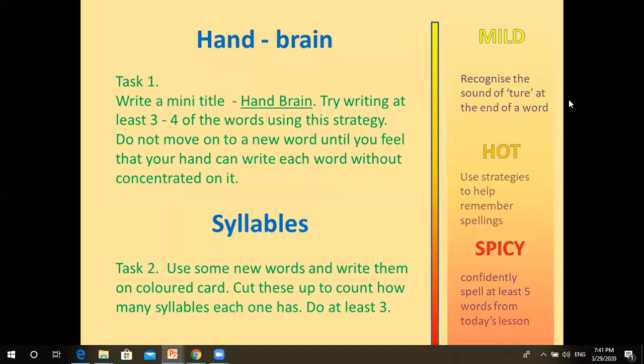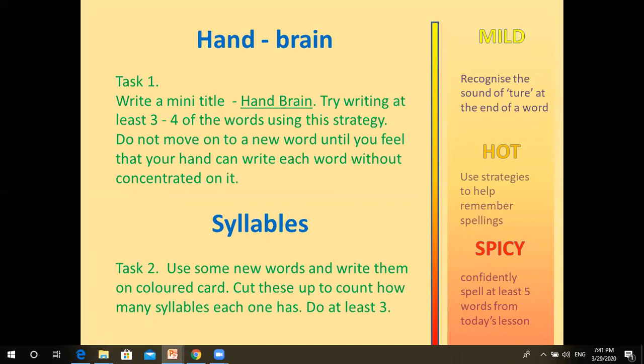Here we have hand brain. Task 1. I would like to practice more. Write a mini title: hand brain. Try writing at least 3 or 4 words using the strategy.